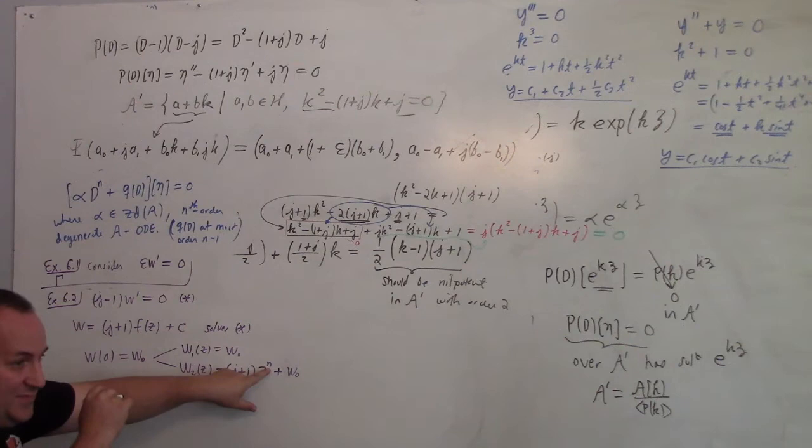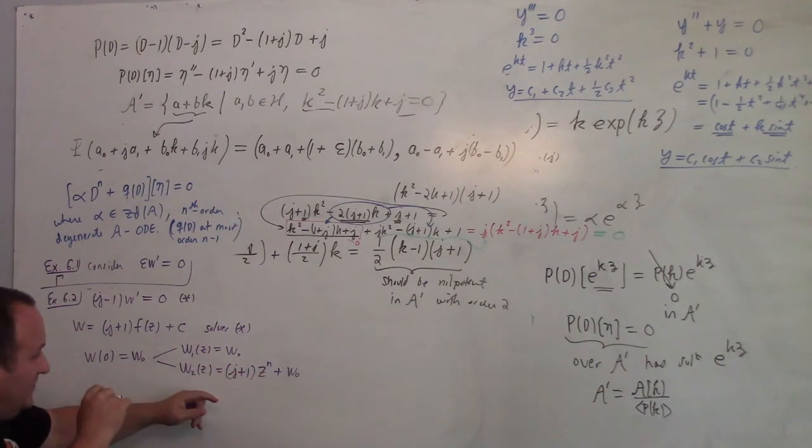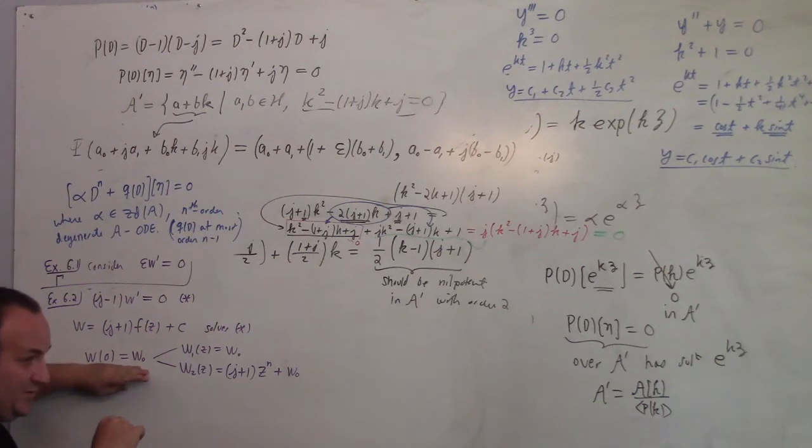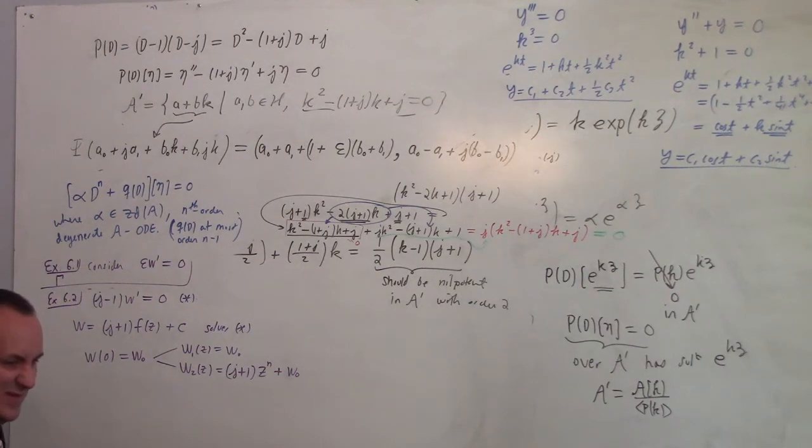But you see, n could be anything. So these are all solutions to this initial value problem. There's not a unique solution to the initial value problem. Infinitely many solutions to the initial value problem. So it doesn't even make sense, at least in the real sense.